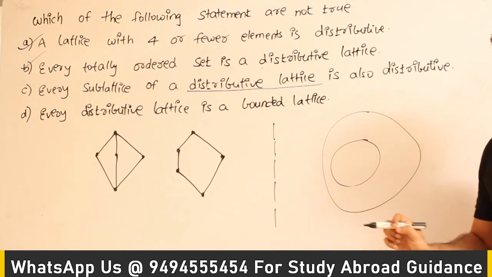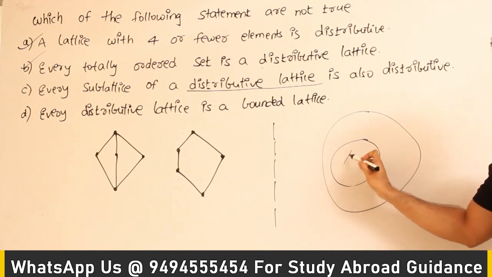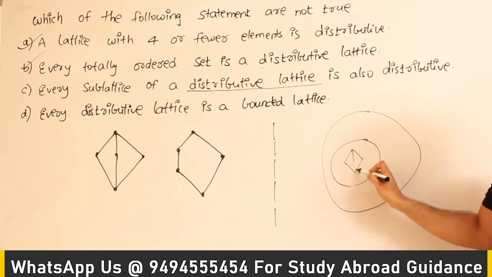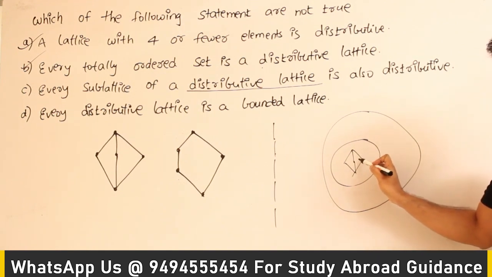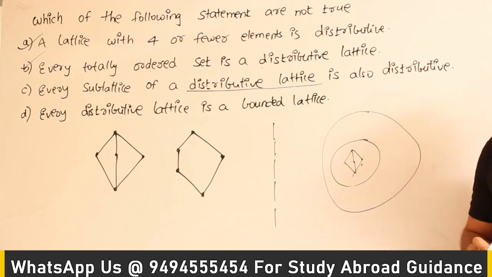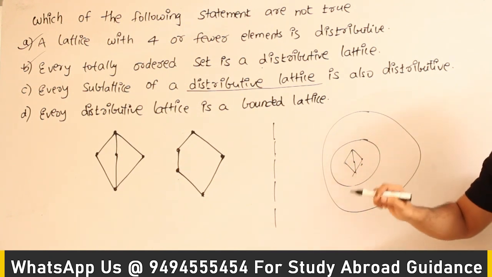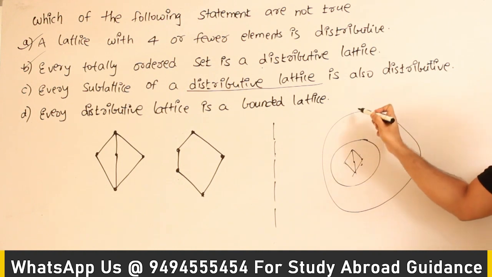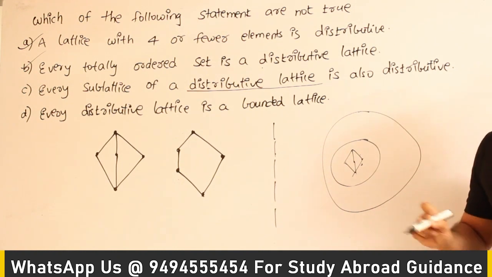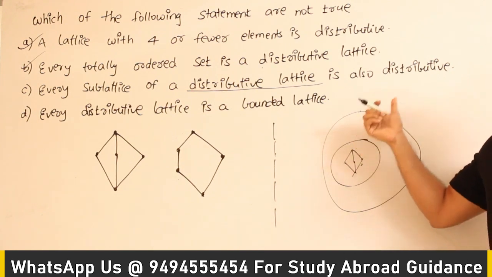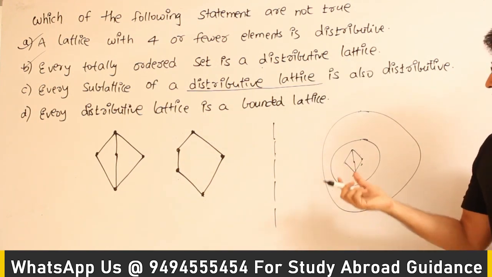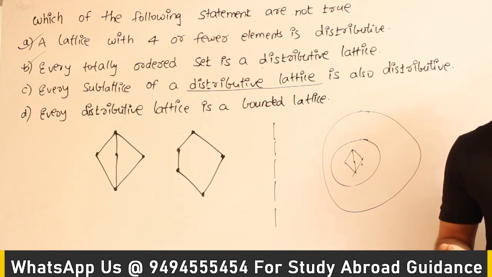Then this particular sublattice should contain within itself either L1 star or L2 star, right? And if this particular structure is a sublattice in this sublattice, definitely it is a sublattice in the original lattice as well. Therefore the original lattice will not be distributive, but then it is given that it is already distributive, therefore the sublattice is also a distributive lattice.